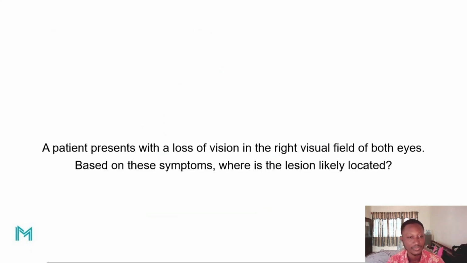Right, so now let's revisit that question and see if we are able to answer it based on the knowledge that we've gained. The question says, a patient presents with loss of vision in the right visual field of both eyes, and we are asked to determine the side of the lesion based on these symptoms. So first of all, the loss of vision in both eyes, we said, is on the right.